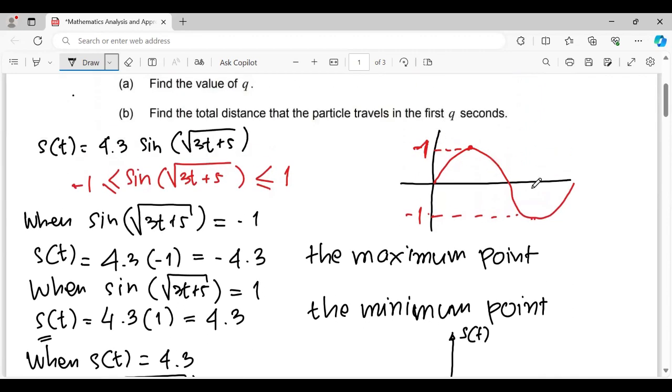So in the sine graph, it is half pi, this is pi, 3 half pi, and this is 2 pi. Okay.